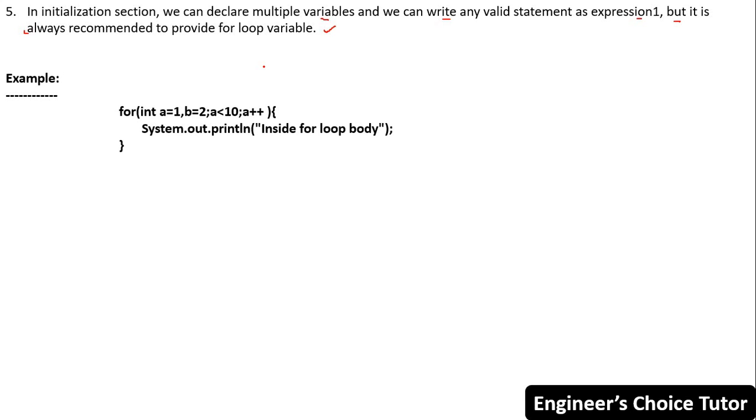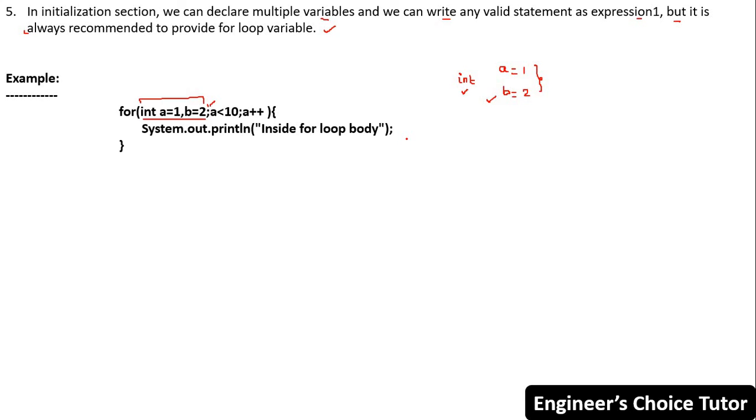For example, see here, this is my initialization section, because a semicolon is present here. I am initializing two variables: one is a is equal to 1, another one is b is equal to 2. Is it correct? I am initializing two variables and both are of int type, so it is 100% valid. It will compile fine and run fine.